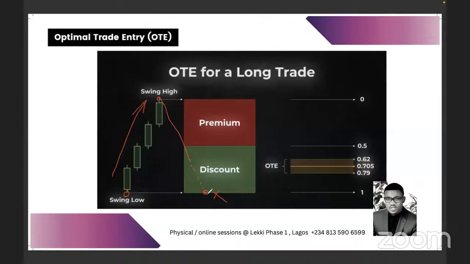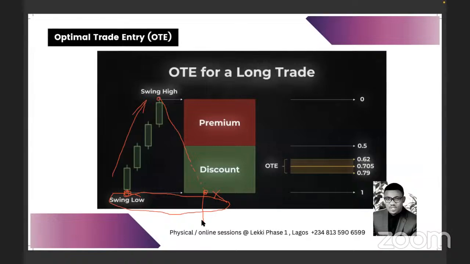Why is it risky? It's risky because this area is the same level as a swing low area. And remember, I said under a swing low, there is a stack of liquidity. So institutional traders, when the market comes to swing low, they always want to sweep it out. They will push it down and it may just keep going down.